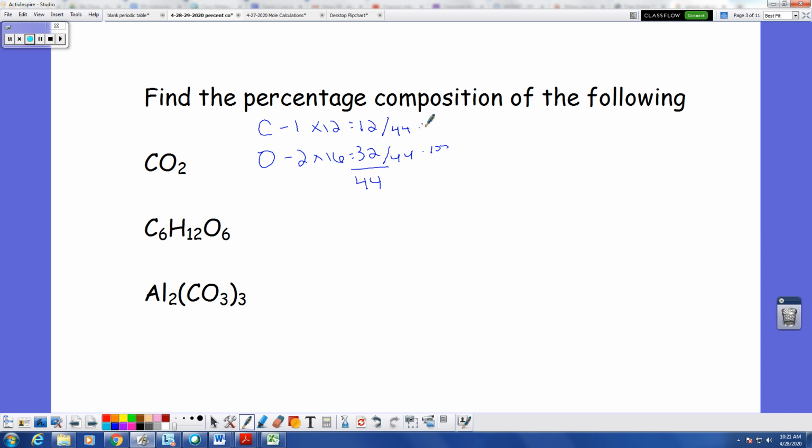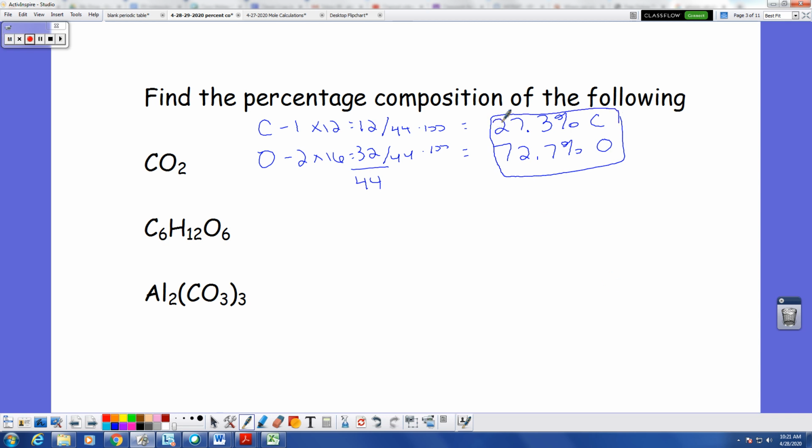Multiply by 100. Okay, so 12 divided by 44, that's going to be 27.3%. 32 divided by 44, that's going to be 72.7%. Okay, so that's the first one.